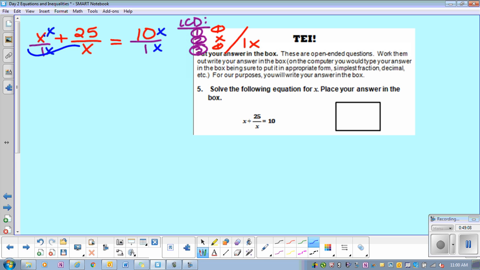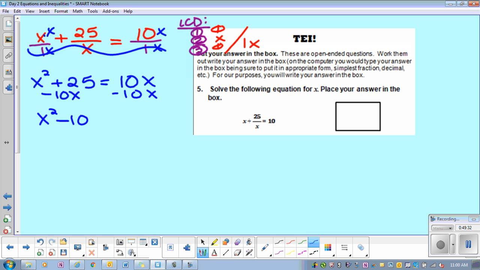So after you do that, you just cross out the bottom. X times x is x squared plus 25 equals 10x. Yeah? Now look at this. This is an AM situation. Subtract that 10x and turn it into an AM trinomial.